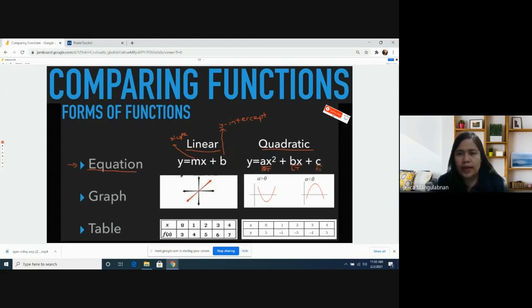And the last one is the constant term. Take note, the constant term is also the y-intercept in quadratic. So if they're asking you for the y-intercept of the given quadratic equation, whatever the value of your c is will be the y-intercept. That is how we identify the y-intercept in quadratic.